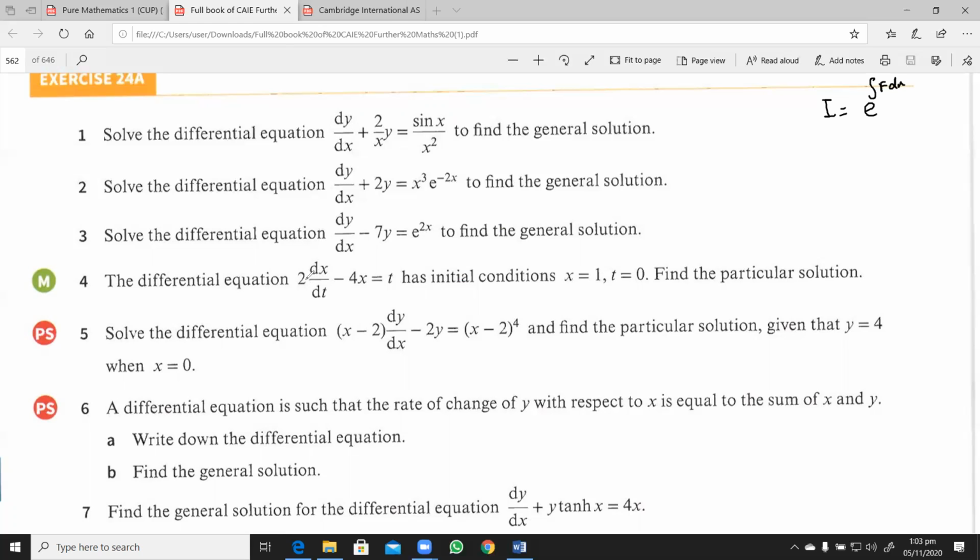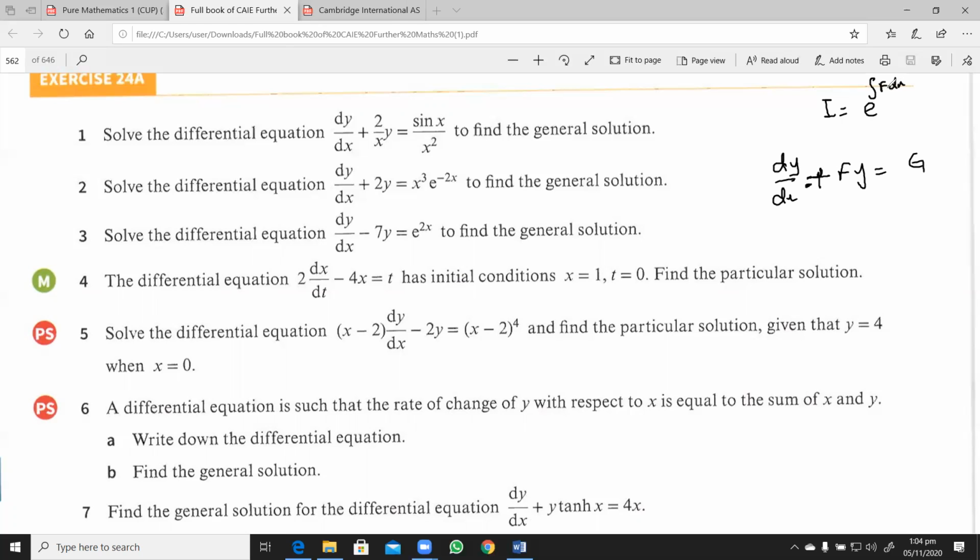For example, when you do this fourth question, you will divide the whole equation by 2, because your equation has to be in this form: dy by dx plus fy equal to g.